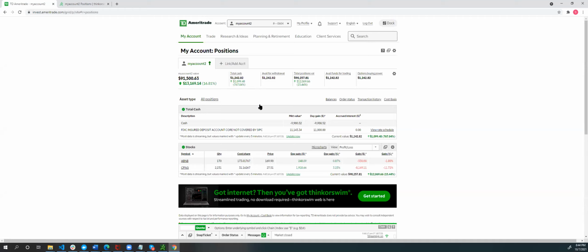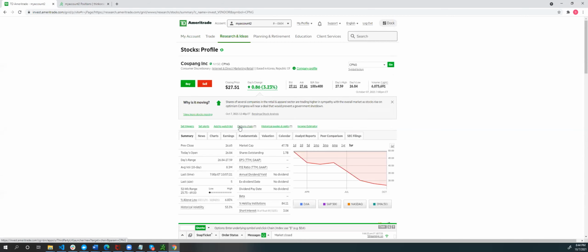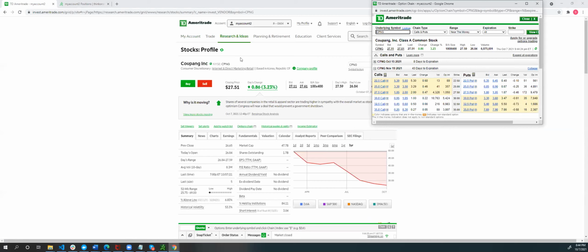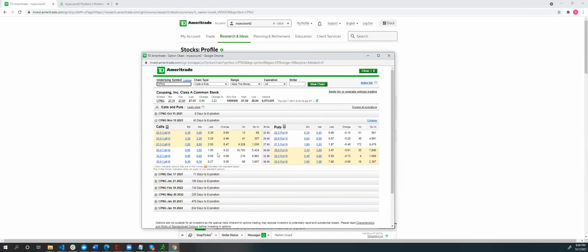So yeah, that's a very good question. Let's take this same example. I want to show you something. These bid and ask prices are based on the current market conditions. Given that it's actually trading at 27.50, it's almost $5 away from the current price.